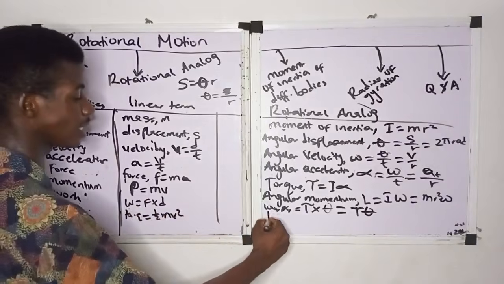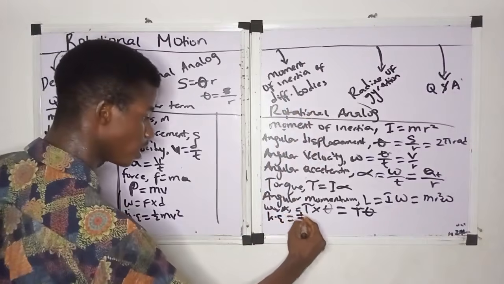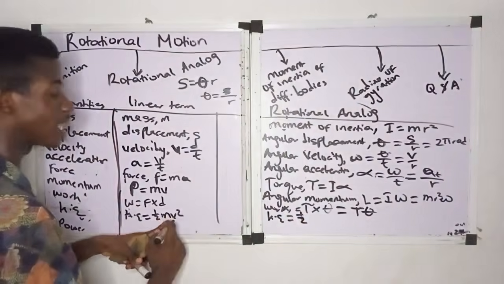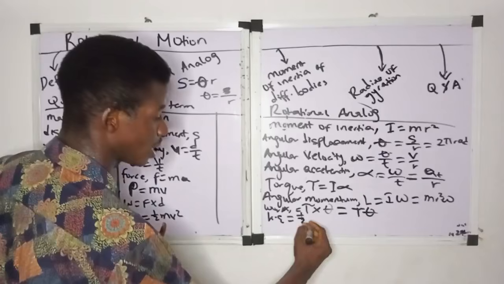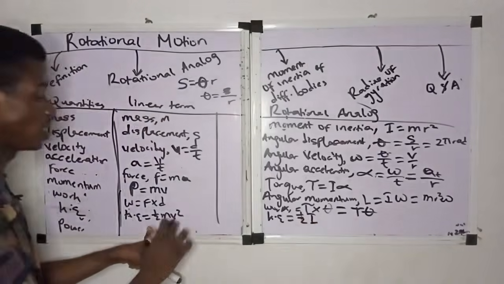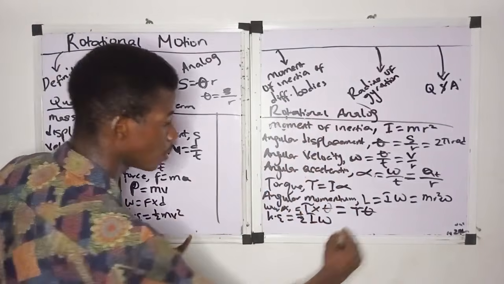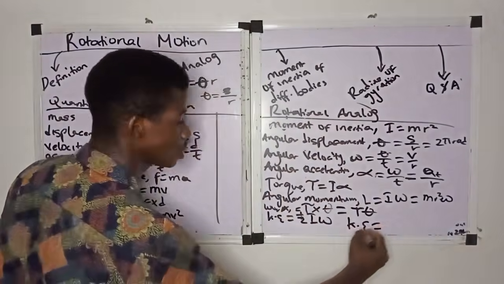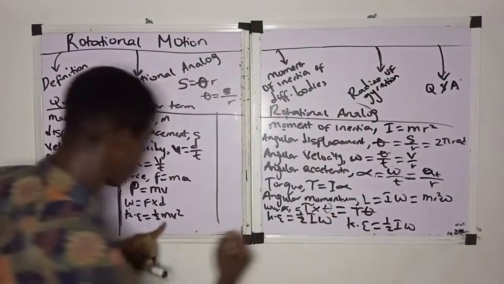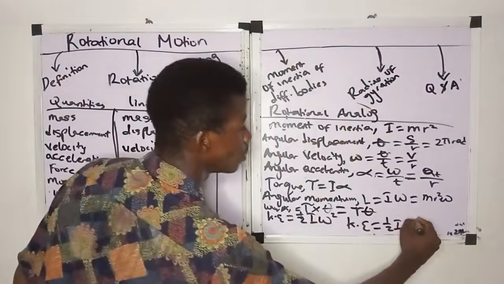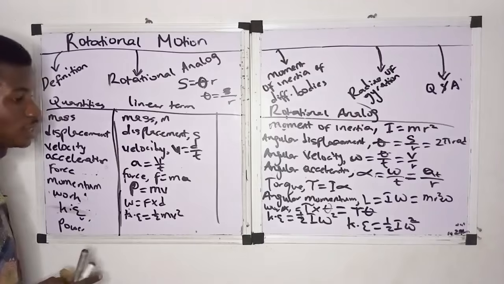Therefore, kinetic energy in rotational terms will be half, where mass in rotational terms is moment of inertia, and velocity is angular velocity, omega. So kinetic energy in rotational terms is half I omega squared. Don't forget the square. So this is for energy.